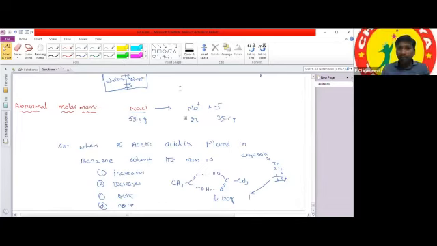Right, ma. So, one more question. Why is the mass increased for acetic acid when you place it in a benzene solvent? What is the reason?